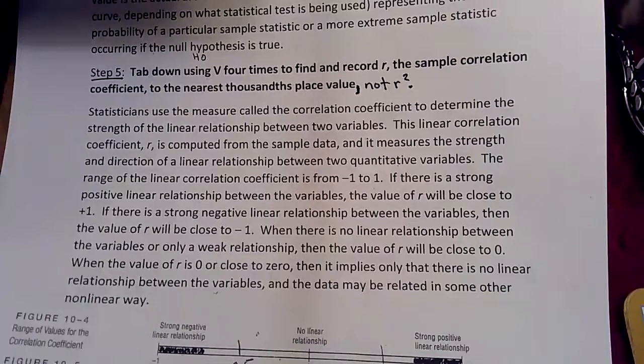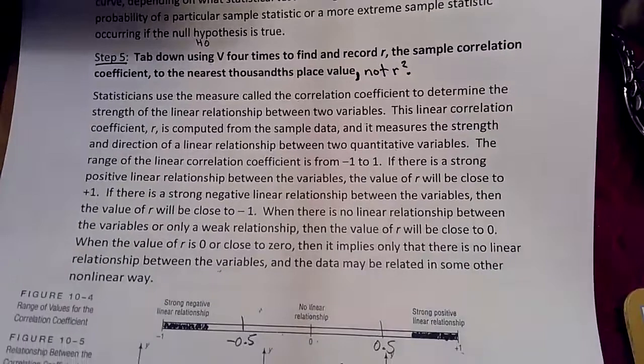When there is no linear relationship between the variables, or only a weak relationship, then the value of R will be close to 0. When the value of R is close to 0, or is exactly 0, then it implies that there is no linear relationship between the variables, and the data must be related in some other nonlinear way.